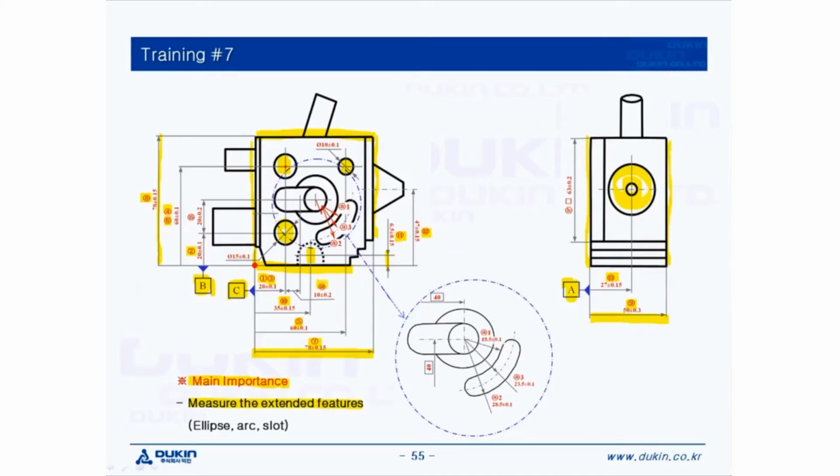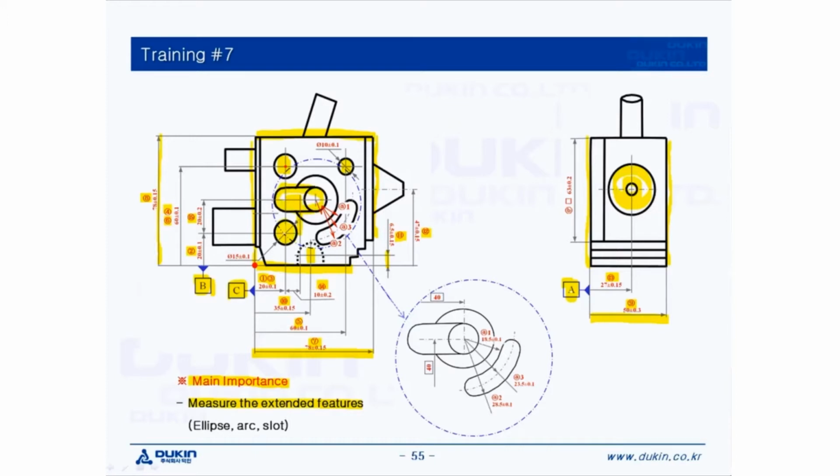Number 14 and 15 are the distance between the center of this round slot and the center of this circle. 14 indicates the x direction and 15 indicates the y direction.